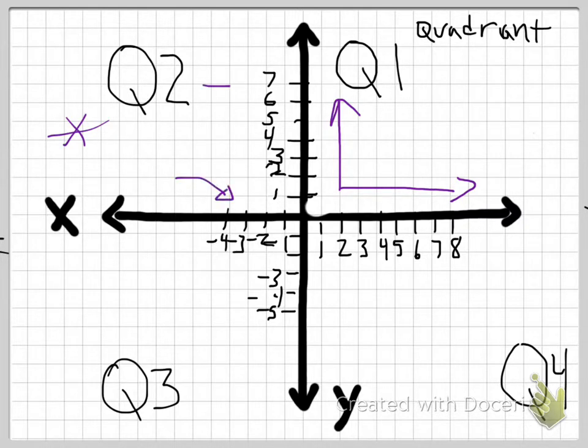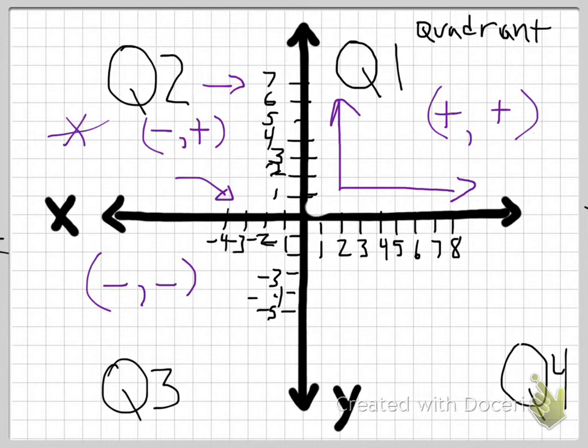The y values are still positive. So in quadrant 2, the x values will be negative, but the y values will be positive. In quadrant 3, our x values are negative and our y values are negative. So both of them will be negative numbers. In quadrant 4, we're back to positive x values, but the y values will be negative.